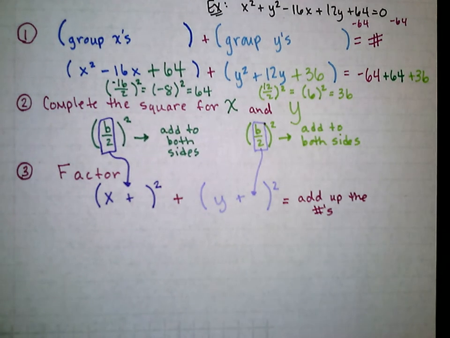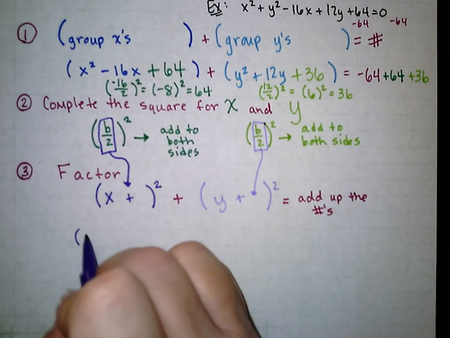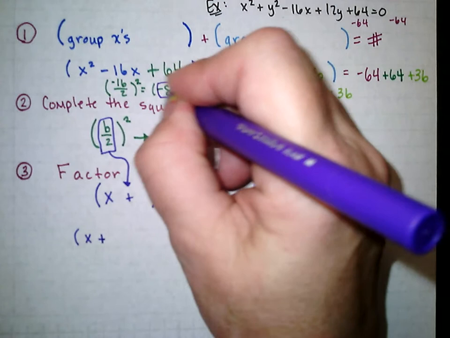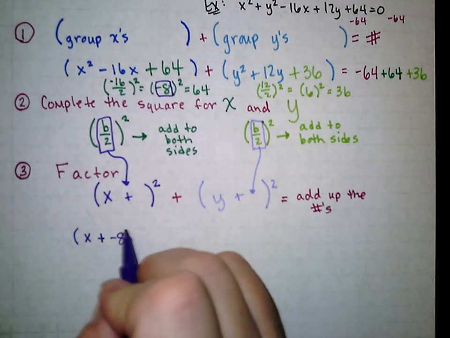Okay, so here we go. Factoring. We're going to take x plus, this is our number, negative 8 squared.